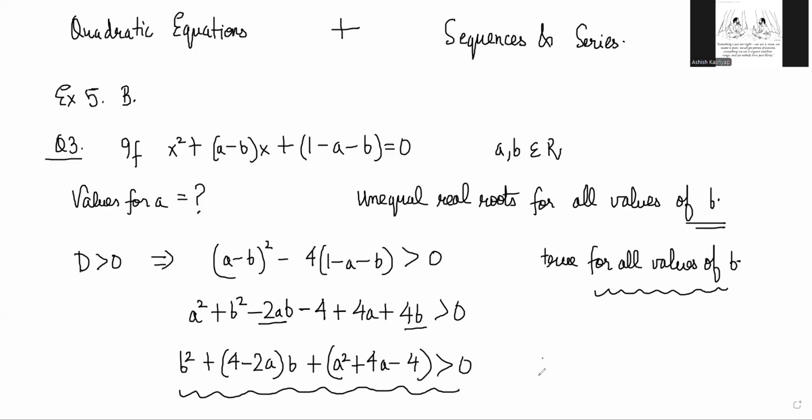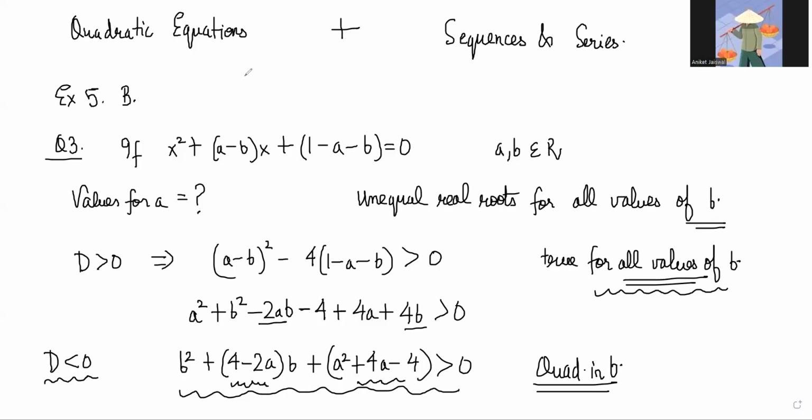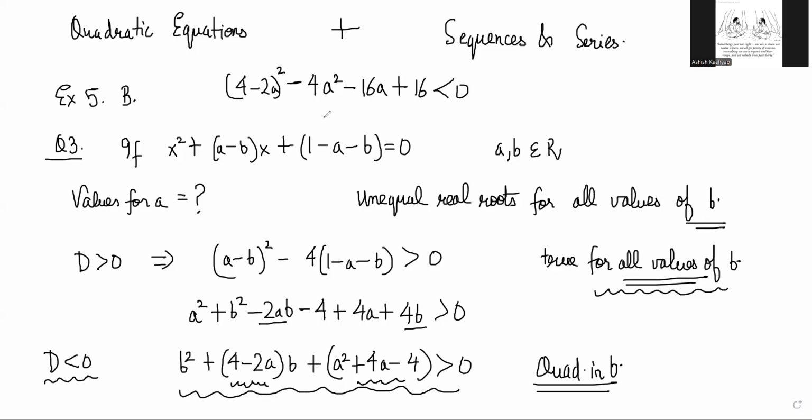This is now a quadratic in b. And in this quadratic, we know that b has to be all reals, right? So we can say that D is less than 0 for this quadratic equation. So now you'll get a condition only on a. You'll get (4 minus 2a) whole square minus 4 times (a square plus 4a minus 4), that is 4a square minus 16a plus 16, is less than 0.